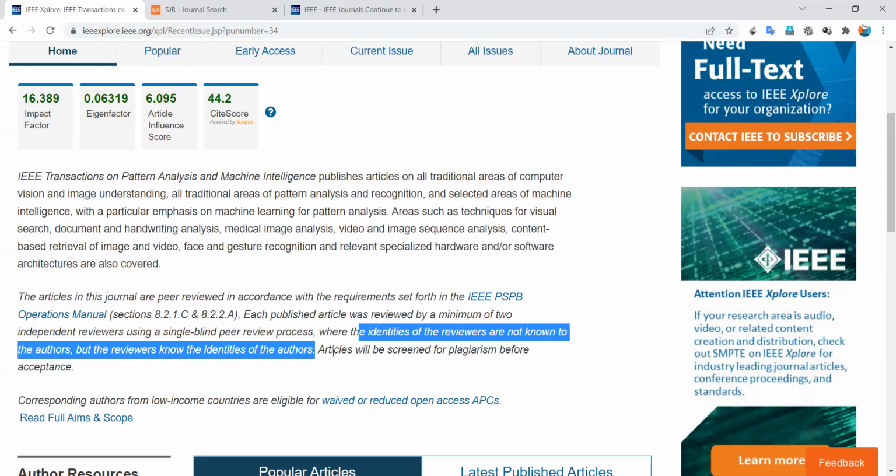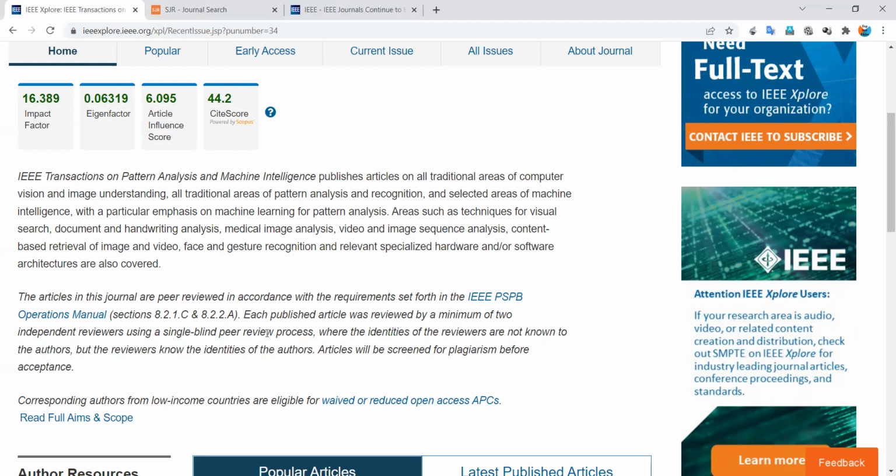In simple terms, whenever you are submitting your work to a particular journal or transaction, then you usually mention that I am working in this particular department of this particular organization. Okay, so your name, your organization, your affiliation, all these things are mentioned in the manuscript explicitly, and that's how the reviewers get to know that these are the authors of this particular work.